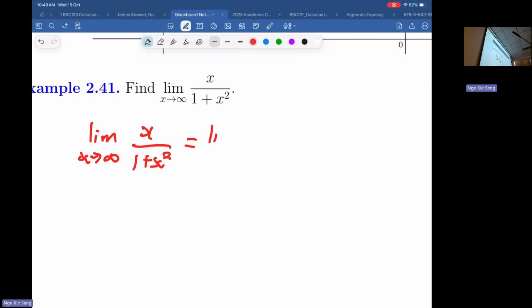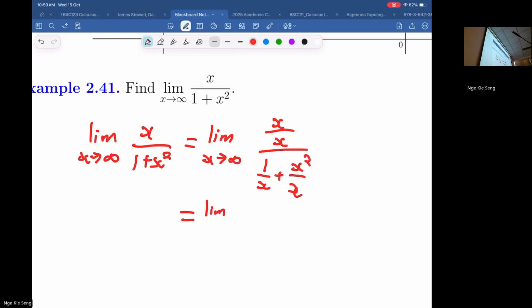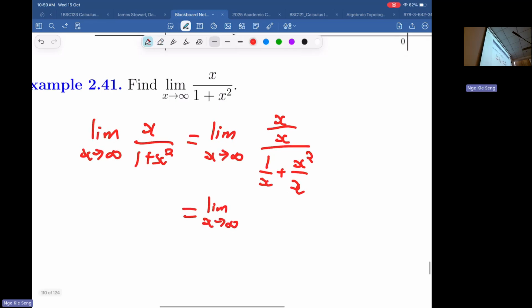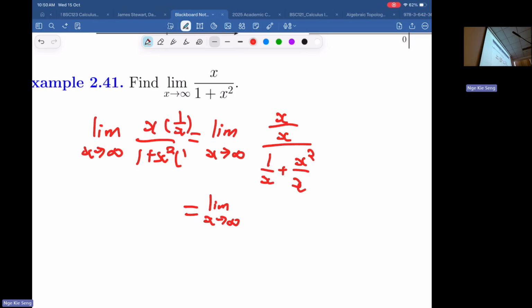So in this case here, we multiply by 1 over x over 1 over x. Like this. Is it enough? Let's see if this is better. Everyone okay with this technique here? We are multiplying by 1.